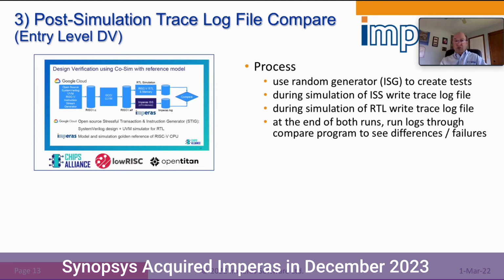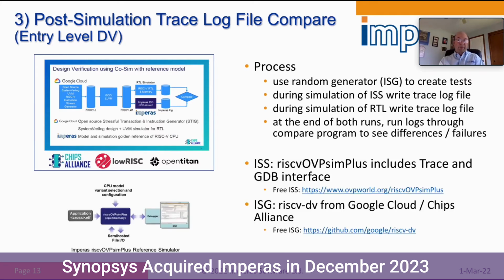So here you're using a random generator to create the tests. You're writing a trace log file from the simulation of the reference model, the ISS. You're writing a trace log file from the RTL simulation, and then doing a comparison. What we've done here, working with Google, Chips Alliance, Low Risk, is use the free instruction set simulator, RISC-V OVPsim Plus.